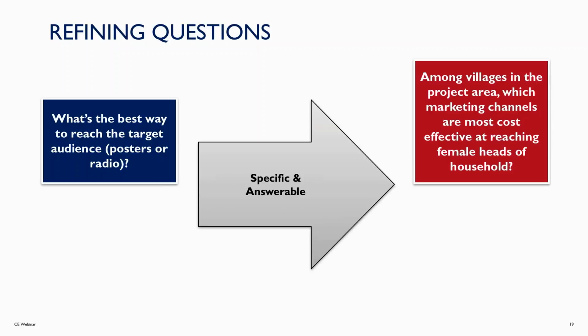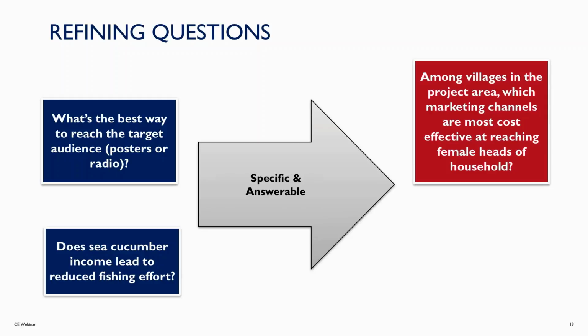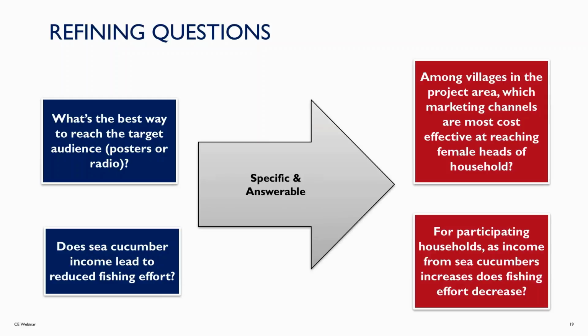So you can get more specific about who we're trying to reach, and that will give us a more answerable question that's hopefully more relevant. Does sea cucumber income lead to reduced fishing effort? It's relatively broad. We could get a little bit more specific: for participating households, as income from sea cucumbers increases, does fishing effort decrease?